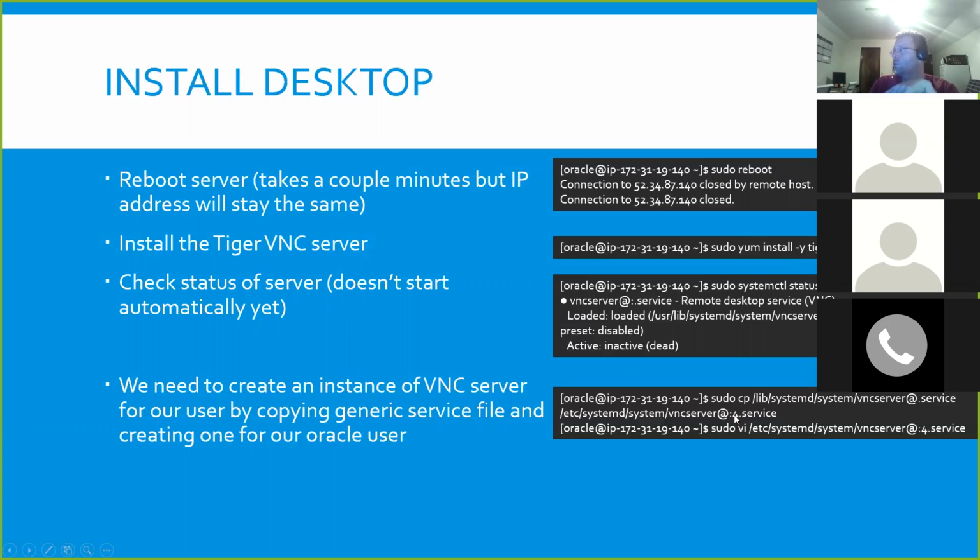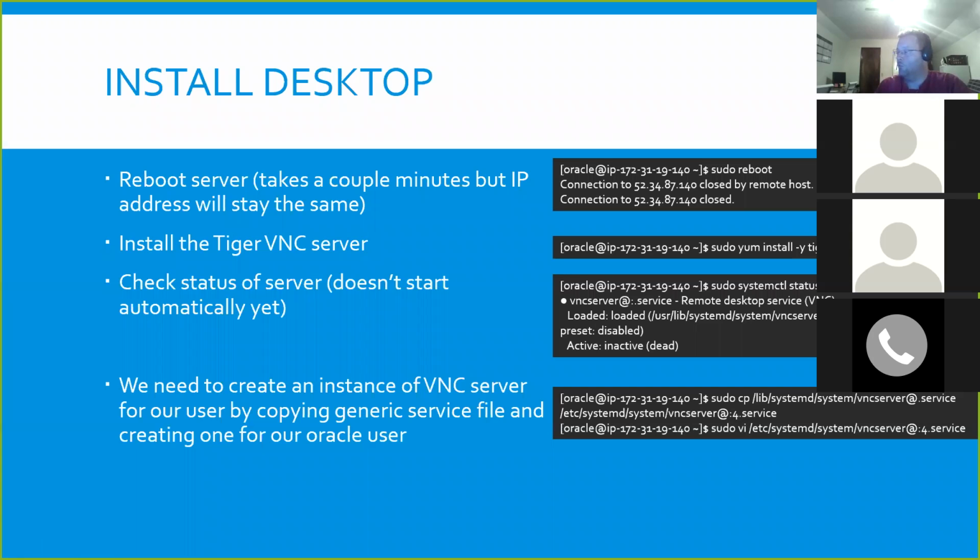And we're actually going to configure this thing to run on a specific port. So VNC Server runs by default on port 5900, and because we're going to be setting our VNC server up with this 4 right here, that means it's going to be running on port 5904.